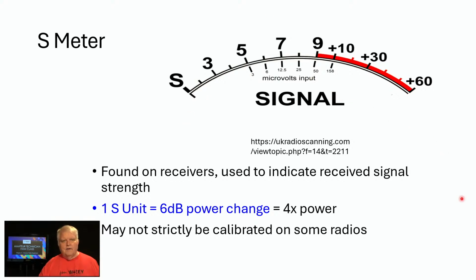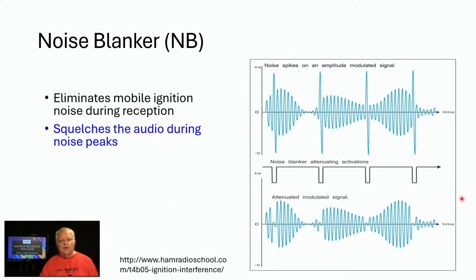Another control on a receiver is something called the noise blanker. In cars, for example, the spark plug system may generate regular repetitious noises. If you live out in the country, electric fences will send out noise on a regular basis. Noise blankers can eliminate that.